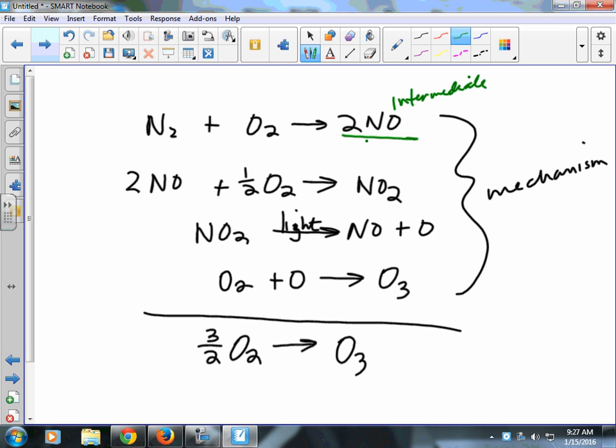Ms. Bunch, could you just look at that and say, since O2 is in the final product, it's in the beginning and it's in the end, then O2 is your catalyst. O2 is not the catalyst, it's a reactant.